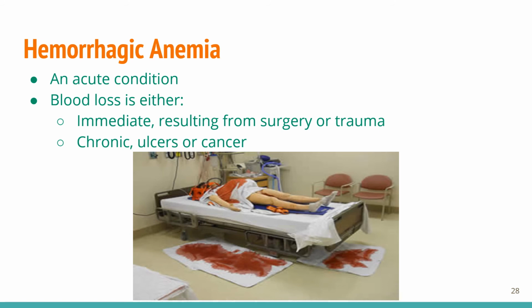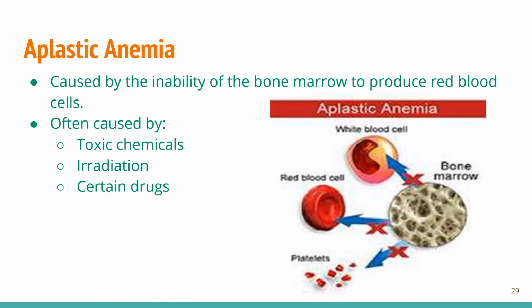Really quick, a scary story for my family. My sister... oh shoot, I touched the screen. Anyway, I just went to the next slide, but I'm talking about hemorrhagic anemia. She had an ulcer that was bleeding, and she didn't feel good for a few days, just felt weak and tired, and she ended up passing out in the restroom and her husband found her.